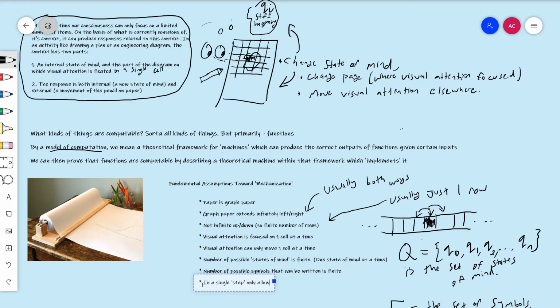This is going to be the external response. The external response is limited to only being able to edit the symbol that I'm staring directly at. So in a single step, I'm only allowed to change the symbol in the cell where visual attention is focused.